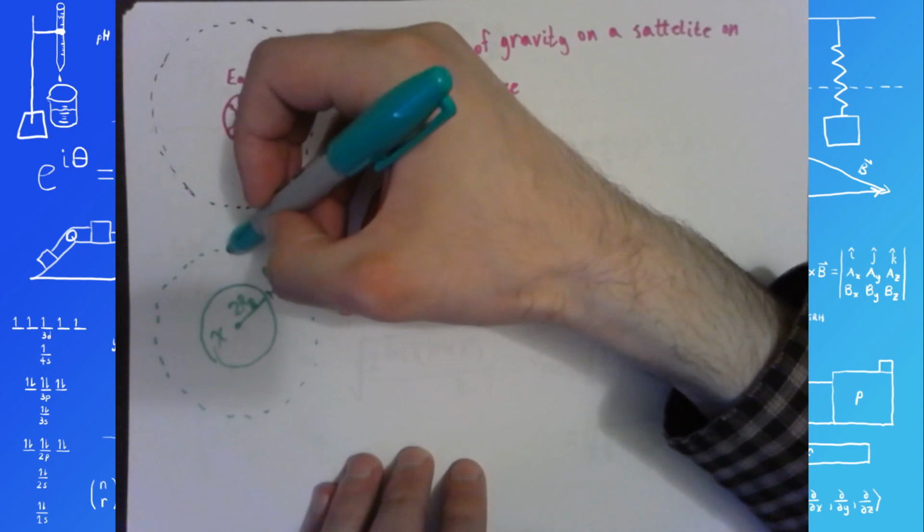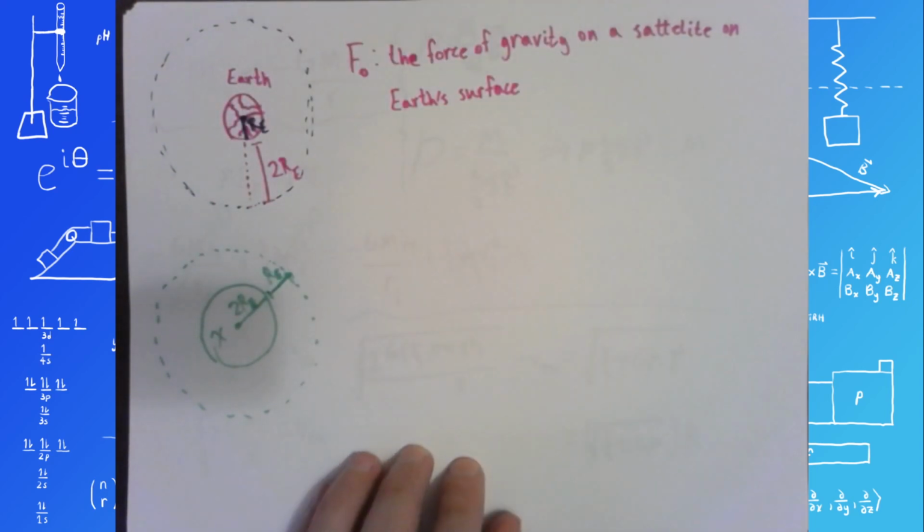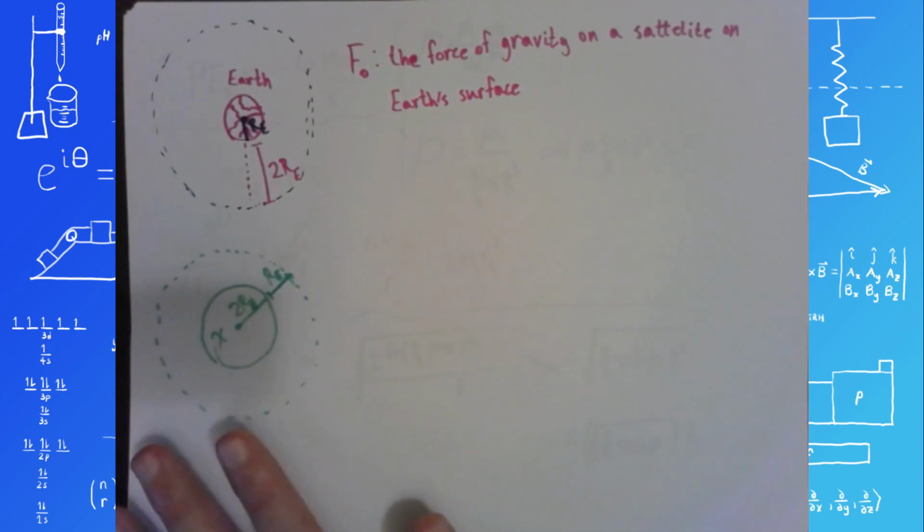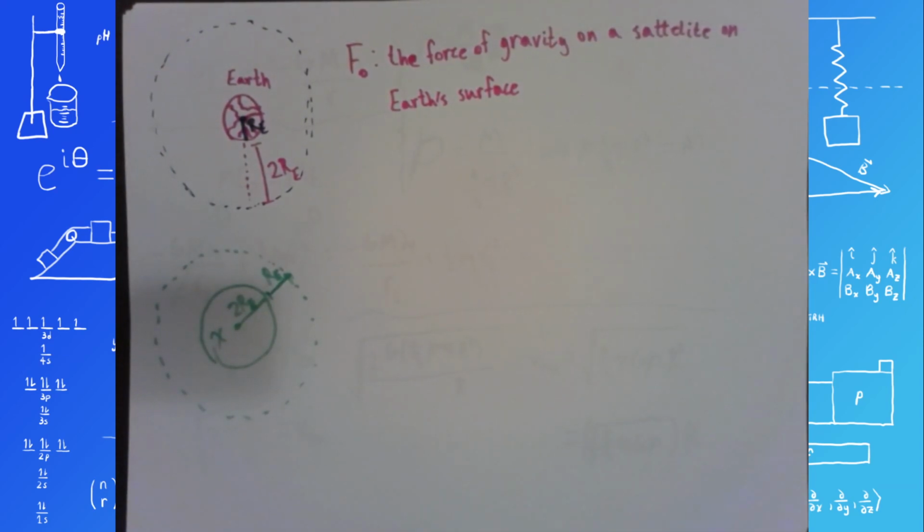And this assumes that the density of planet X is the same as the density of Earth. I'll talk about those details a little bit more after I'm done drawing.